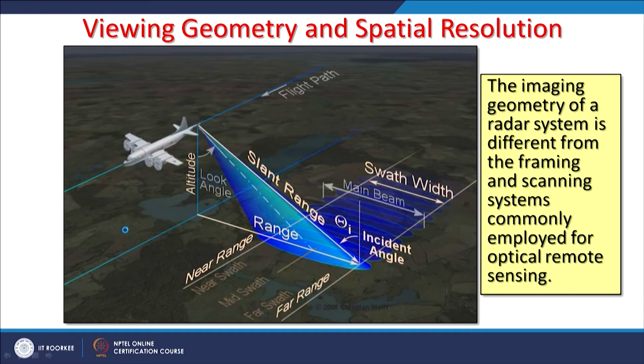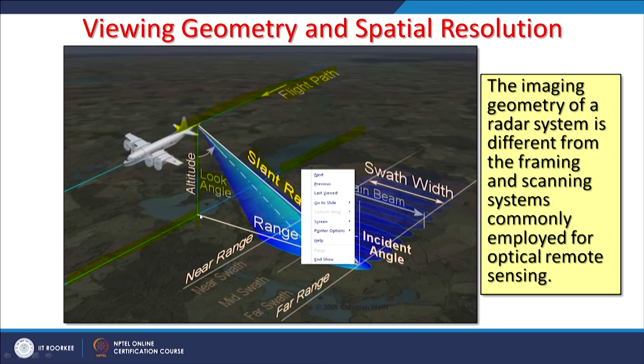Here is the geometry and spatial resolution, and this is the slant range which I was mentioning. This is the flight path here, and of course the ground track is this one, which is just vertically downward. This is the height, the altitude of the aircraft or spacecraft. Then there is the look angle, and this is the slant range. Slant range is oblique obviously. When you go on the horizontal plane, it is called the range.